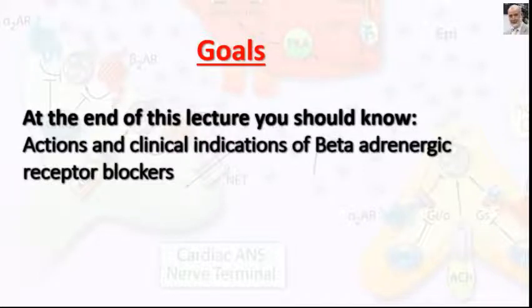First, we'll talk about the classification of the adrenergic beta receptor blockers. All beta blockers are competitive antagonists at the adrenergic beta receptors.